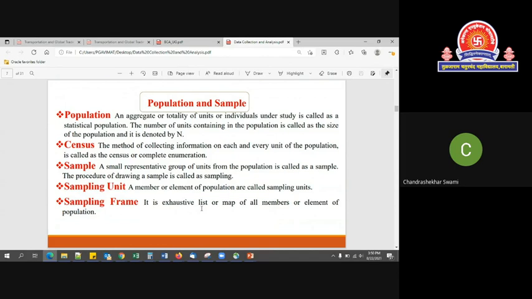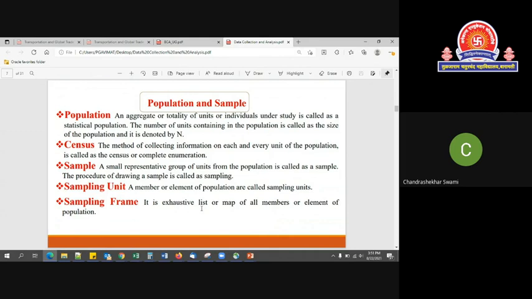Those units may be persons, trees, or books. For example, the number of books in a TC college library, the number of students in TC college campus, the number of employees in a certain company, the number of players who participated in the Tokyo Olympics.